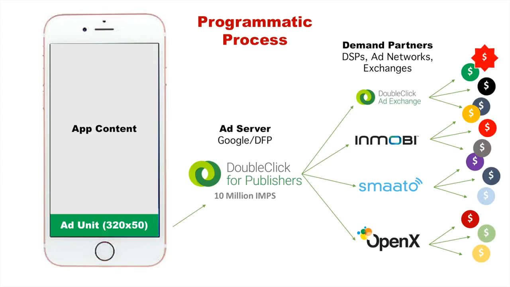So the advertiser might be working with an agency or another exchange who takes a small margin, and then it gets to these demand partners who take a small margin, and then DFP might take an ad serving fee on top of that for working with one of these companies. So along the way, you're losing a little bit of money.